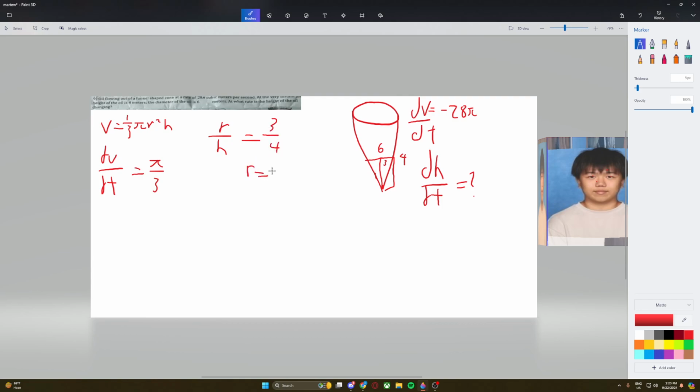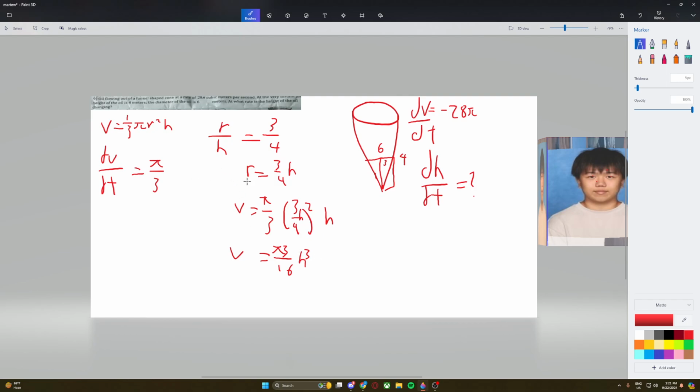That means R equals 3/4 H. If we plug it back into this equation, V equals pi times 1/3 times (3/4 H) squared times H, which is V equals pi over 16 H cubed.